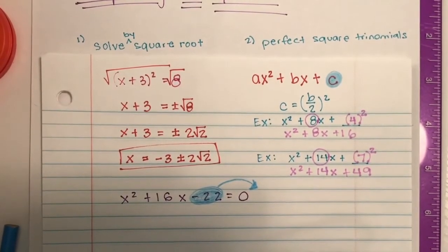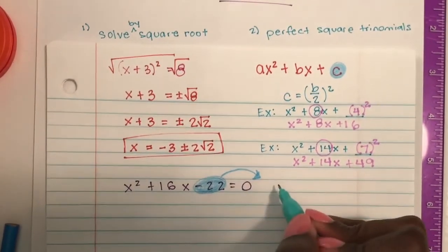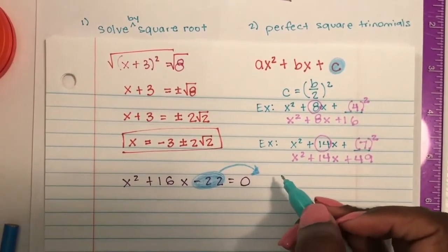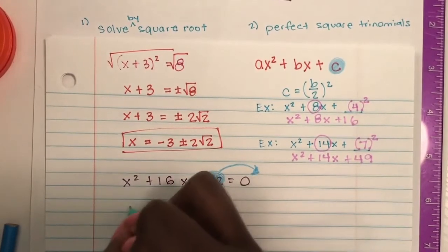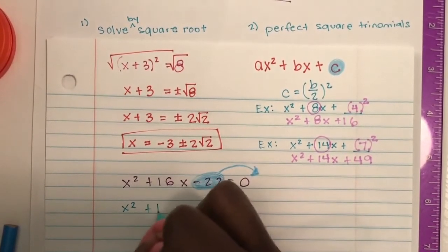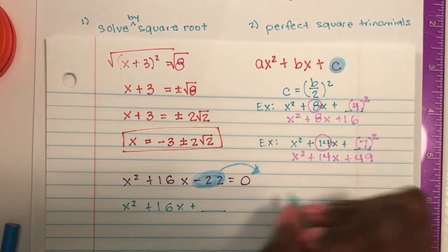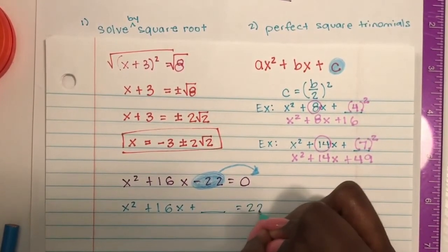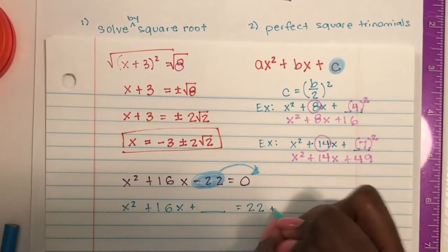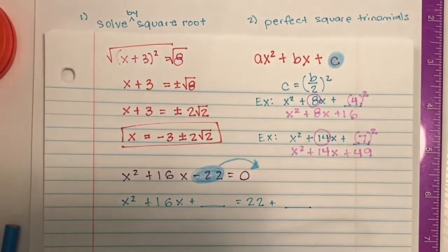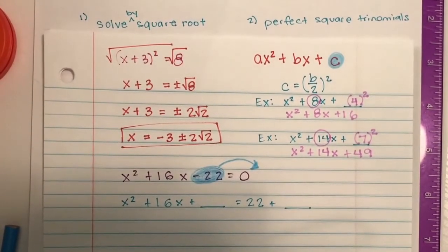So to move this constant to the other side of the equation, I need to add a 22 to both sides. So now this is going to be x squared plus 16x, I'm going to say plus a blank since we moved something, is equal to 22. And let's say plus a blank over here as well, because, you know, algebra is all about balance. We want to do the same thing on both sides.